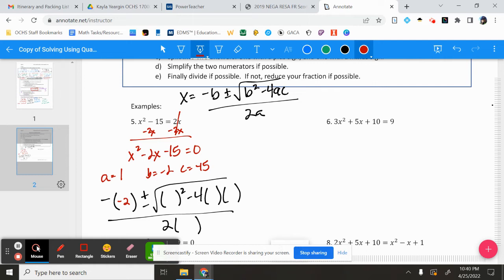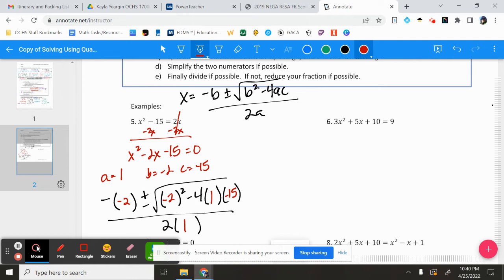Also, that helps when I come here to b squared, that I have -2 squared, which would give me +4, instead of just typing into the calculator a -2 squared, which would tell me -4. Keep going through the problem. -4 times A, in this case A was 1, times C, which in this case was -15. And we're dividing by 2 times A.